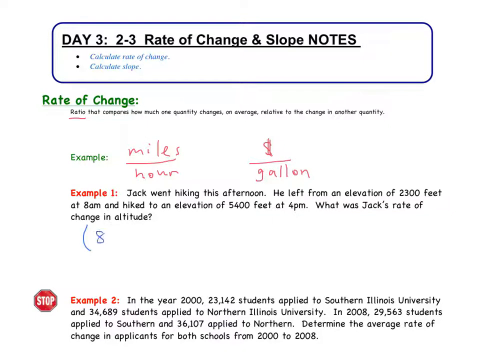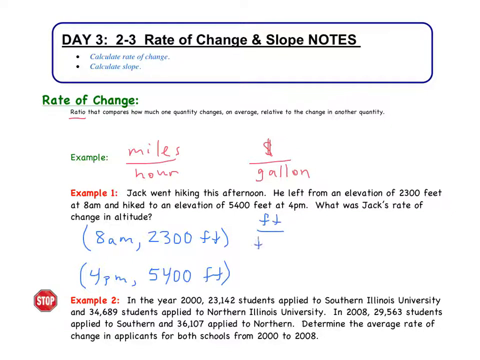At 8 a.m., Jack's elevation was 2,300 feet. And at 4 p.m., his elevation was 5,400 feet.